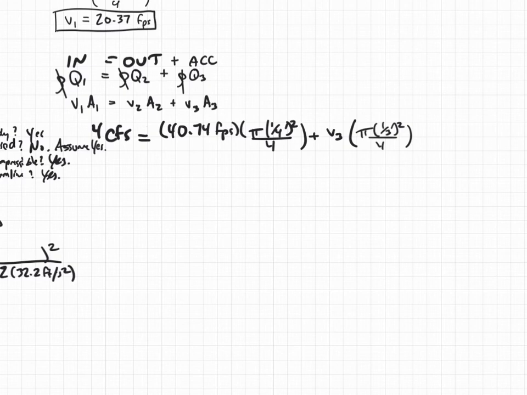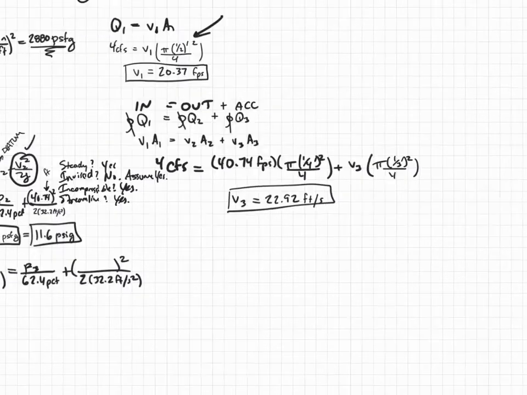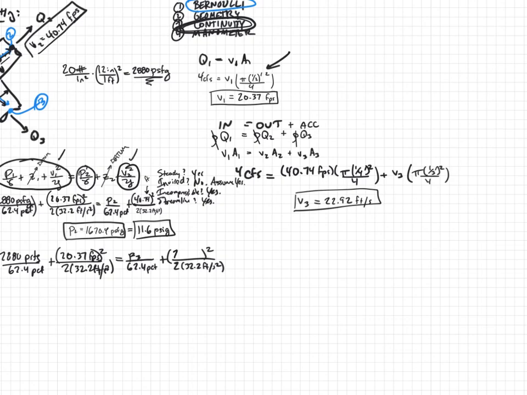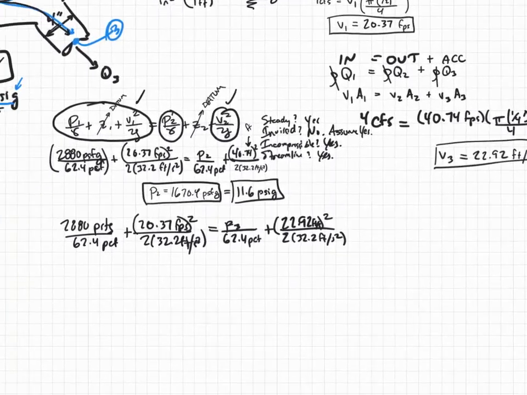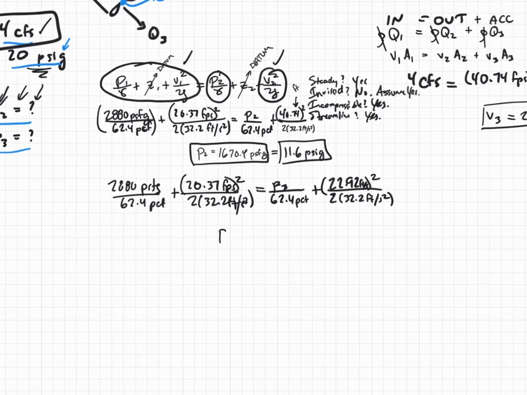Okay, we could solve this equation, and what we're going to end up with is that V3 equals 22.92 feet per second, or FPS. Okay, so we're going to take that and put it over here, 22.92 feet per second, back into our Bernoulli equation, and we'll solve that, and P3 comes to 2779.2.